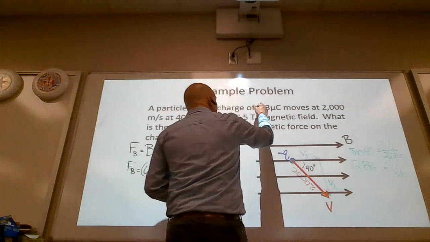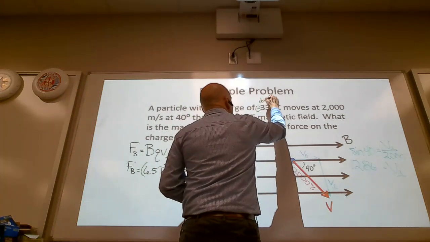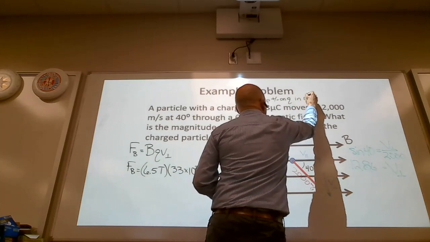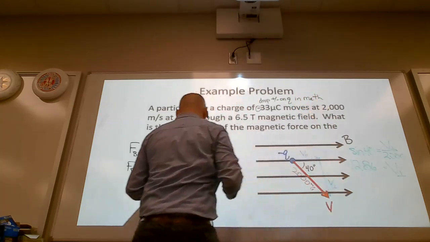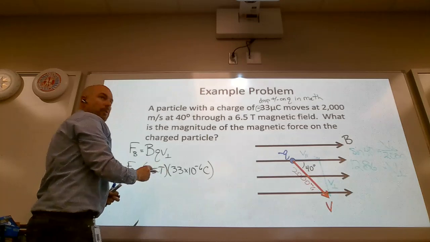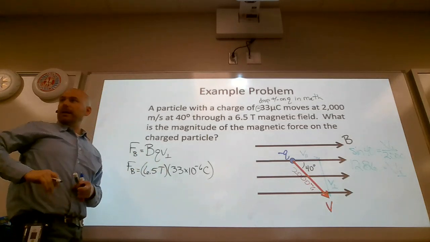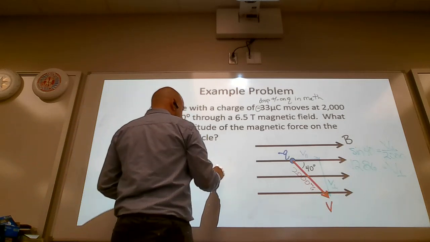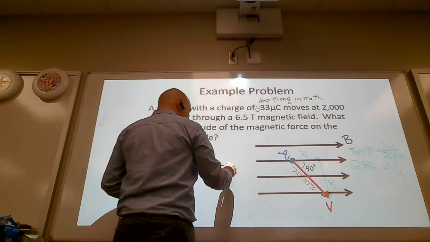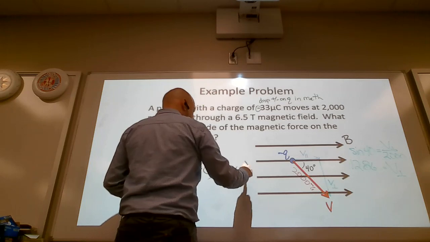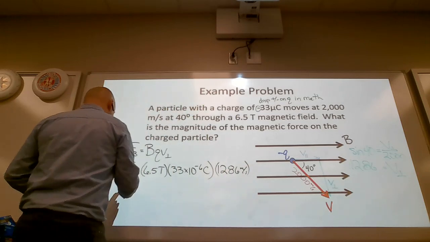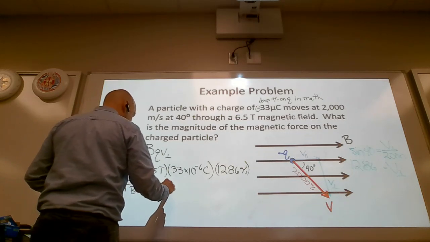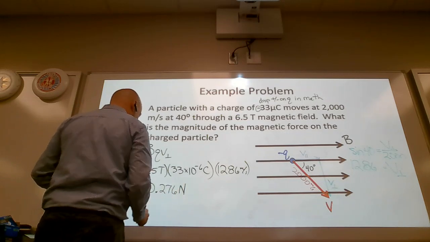Okay, we're going to drop the positive negative sign on the charge in the math. So no, it's just straight up 33, not a negative 33. And then we're going to multiply that by 1286 meters per second. And we find that to be equal to 0.276 newtons.